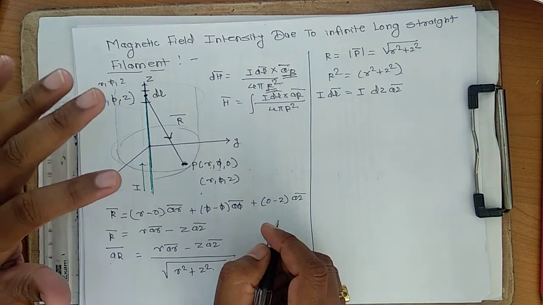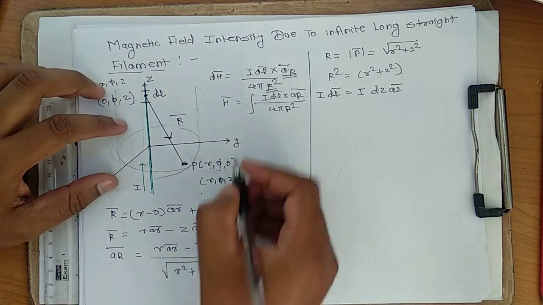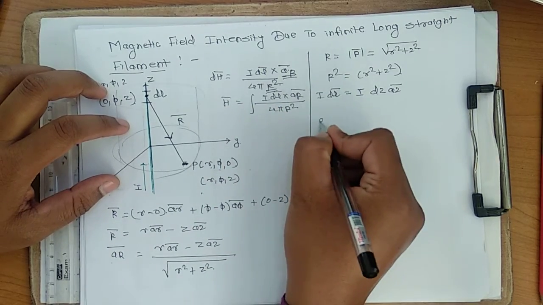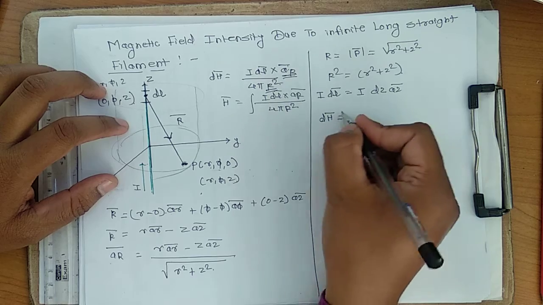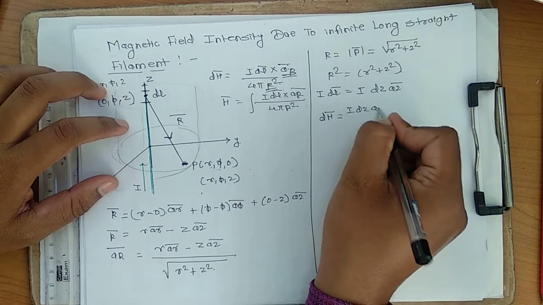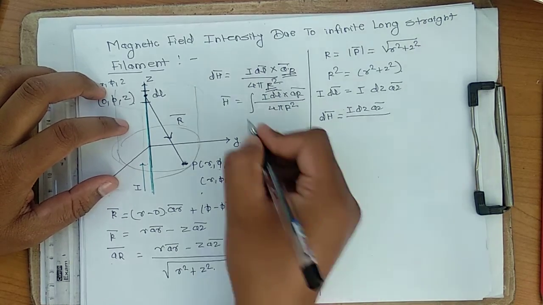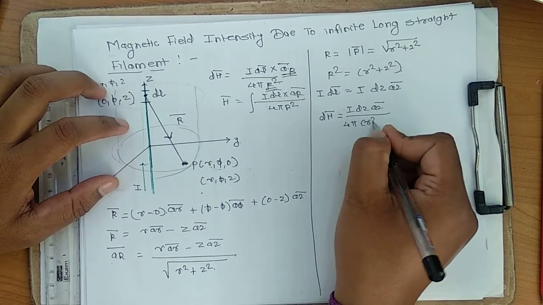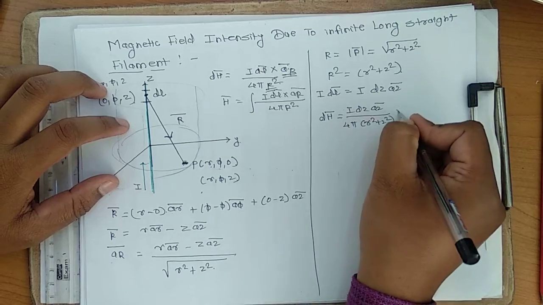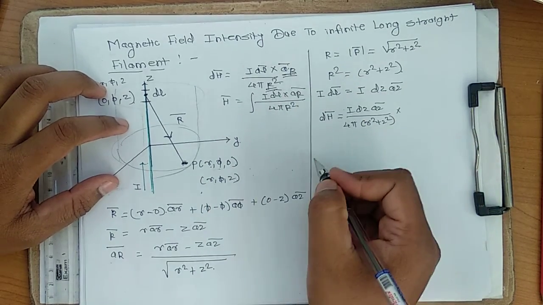So we have calculated almost all the parameters required for dH bar. Now we will write dH bar is equal to I dl bar, that is I dz a z bar, divided by 4 pi R square. What is R square? r square plus z square, cross a R bar.